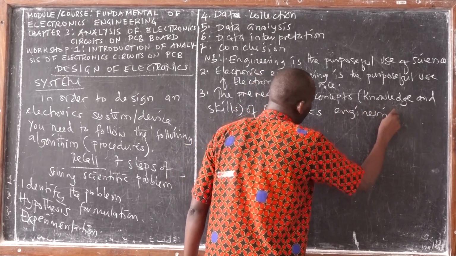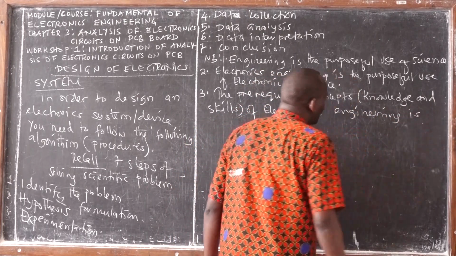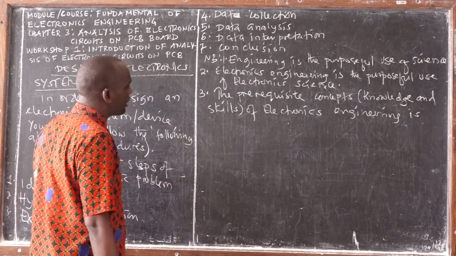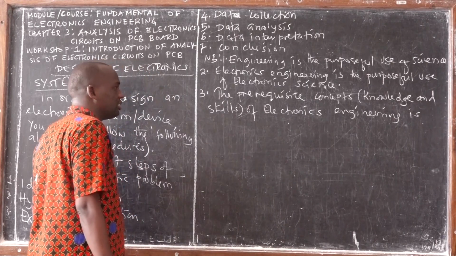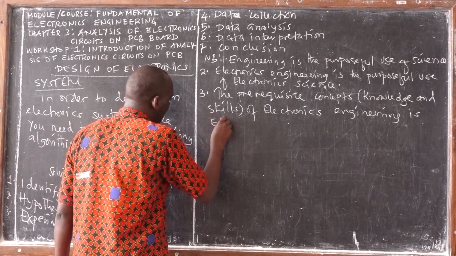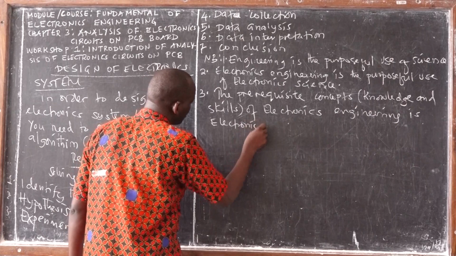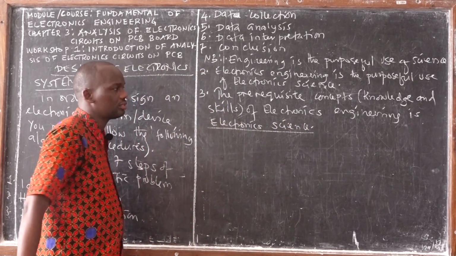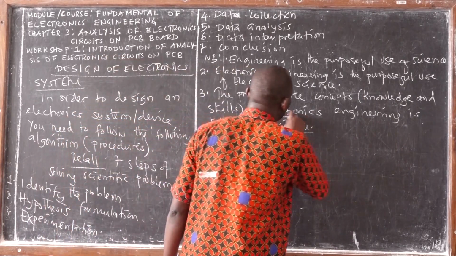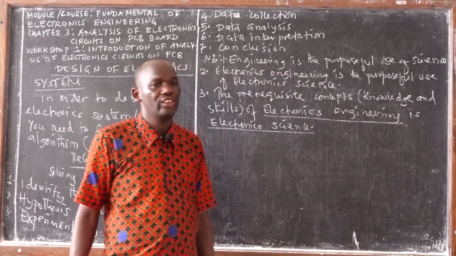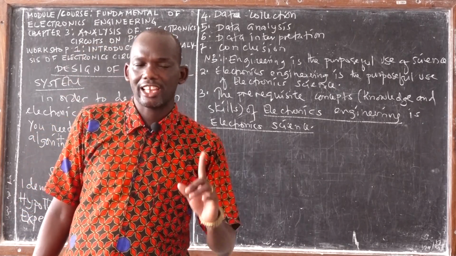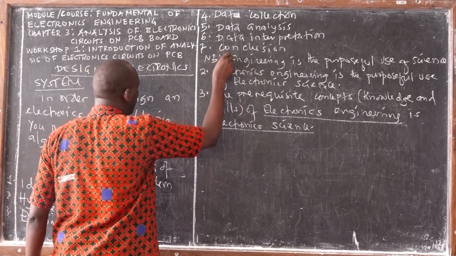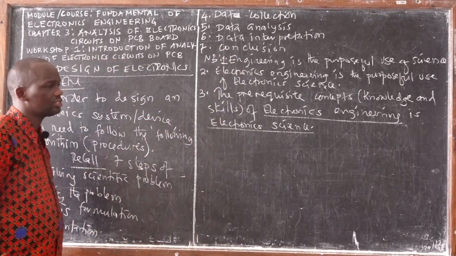The prerequisite concepts or knowledge and skills of electronics engineering is what? Is electronic science. So the prerequisite of electronics engineering, the prior knowledge that you have to know, is electronics science. Bear that in your mind. So these are the 3 points that you always have to note.